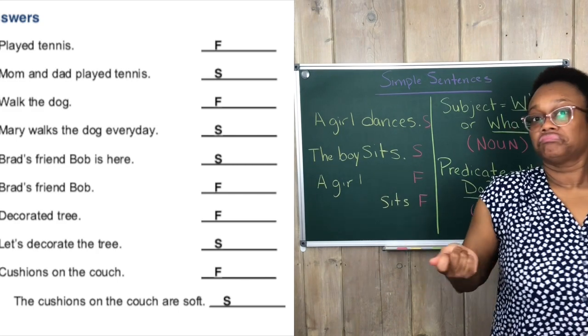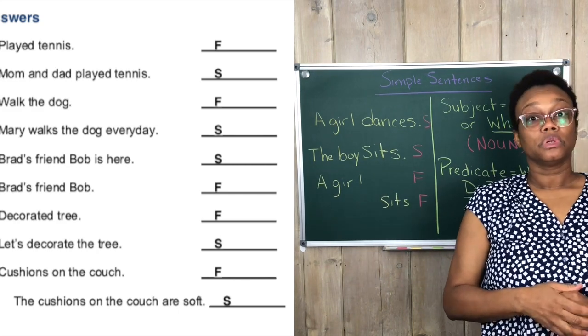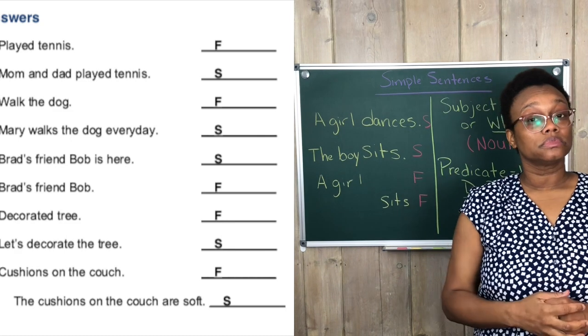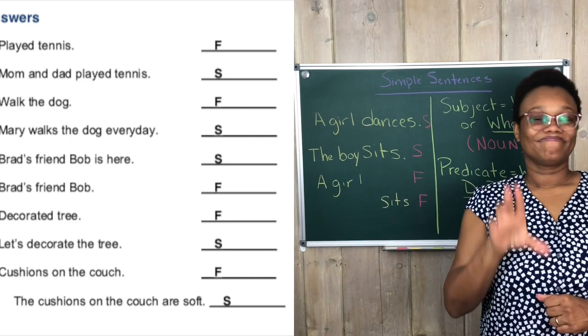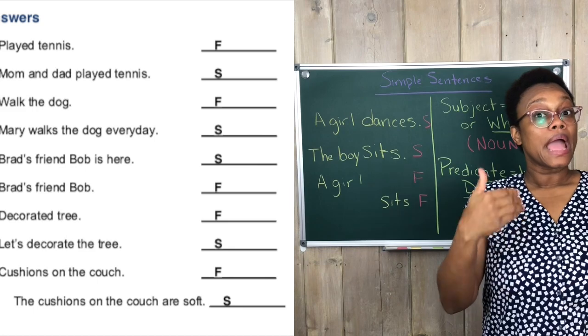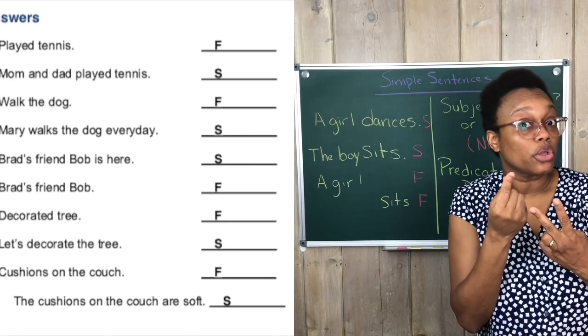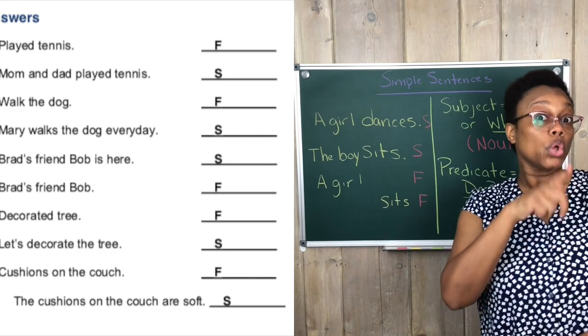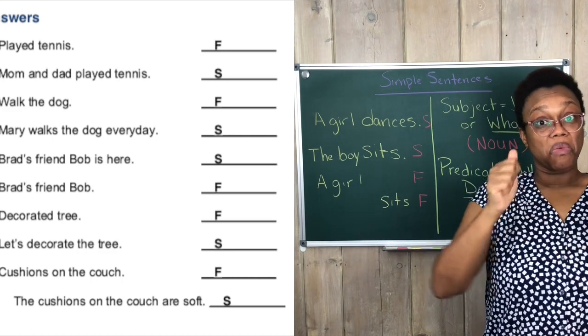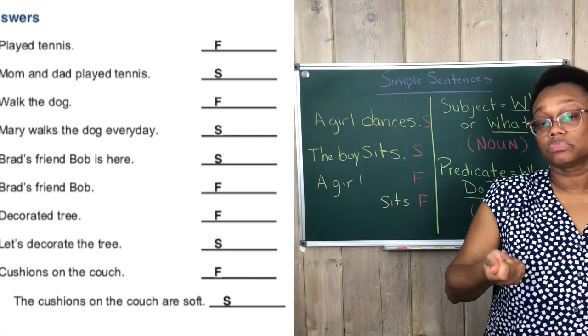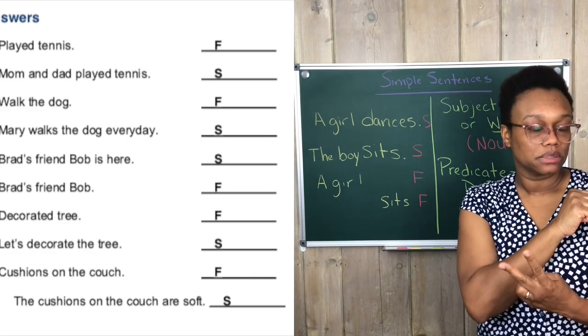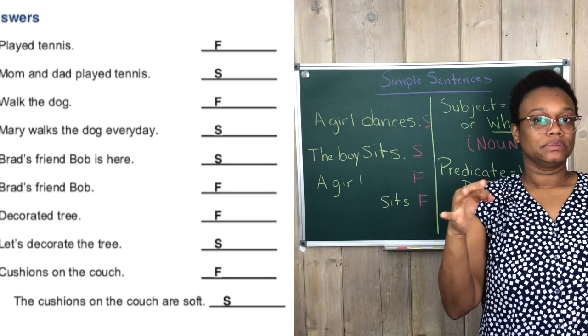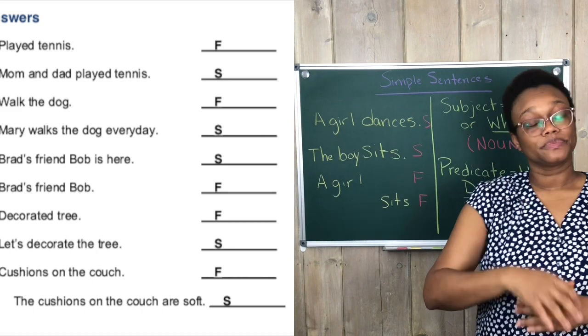Number 3, walk the dog. Is that a sentence? No, it is not a sentence. It has what you're doing, walking the dog, but it's missing the who. Who's walking with the dog? So since it's missing the subject, it is not a sentence. So you would write F.